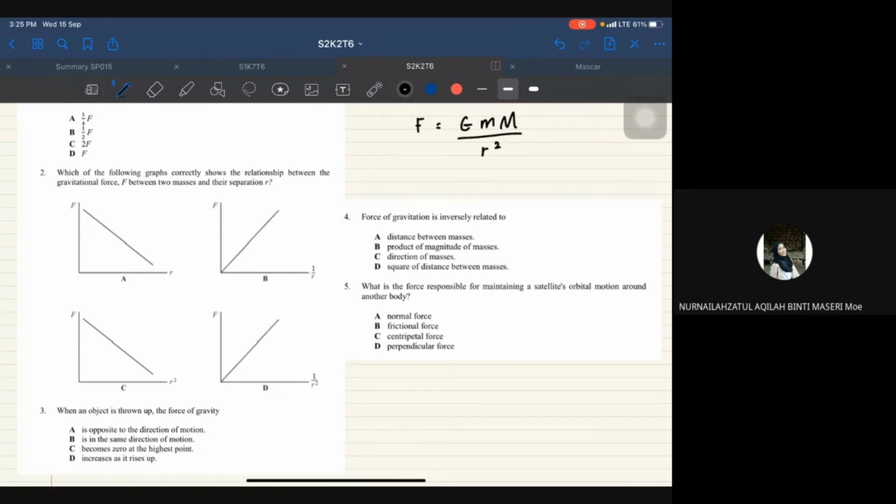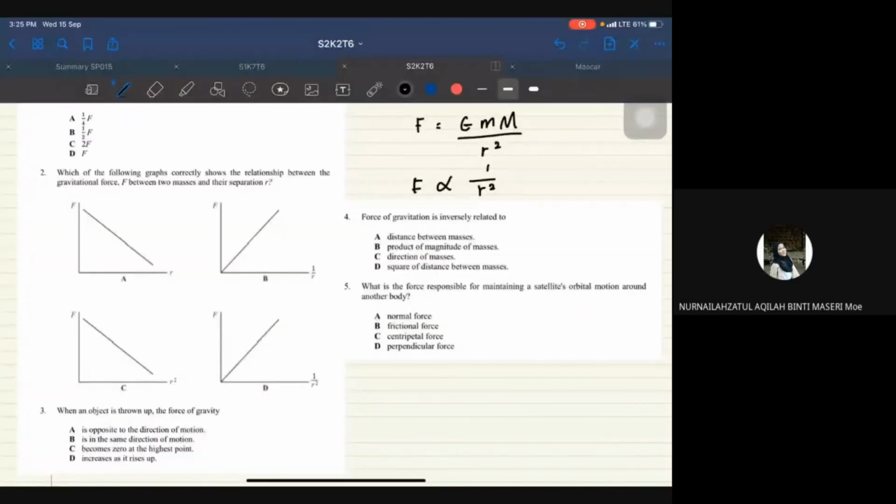Kan? So kalau kamu ada graph F against R, dia nak cari relation between F dengan R kan? So F, kalau kamu nak draw a straight line, it is directly proportional to 1 over R square. So jawapan dia yang mana satu? A, B, C, D. D. Okay. So make sure kamu faham, sebab mungkin dia tanya dekat UPS.